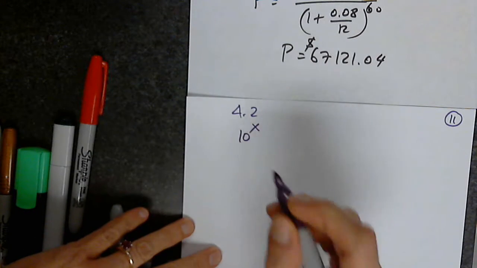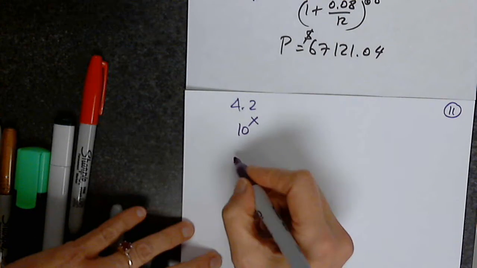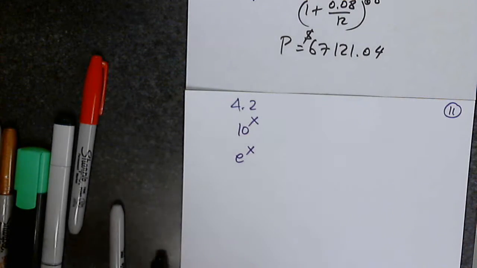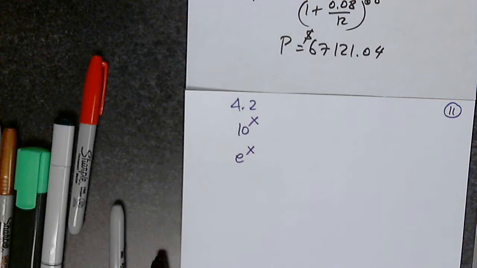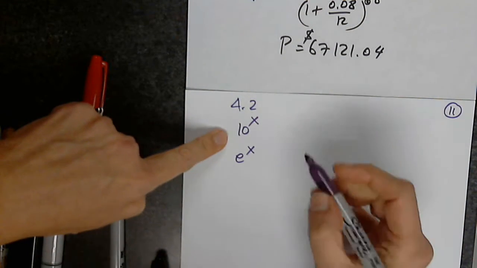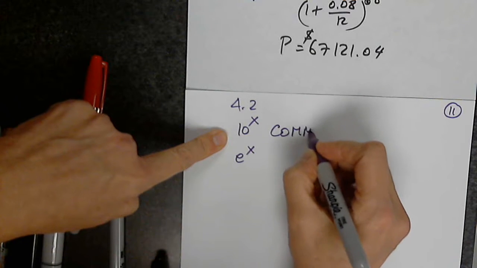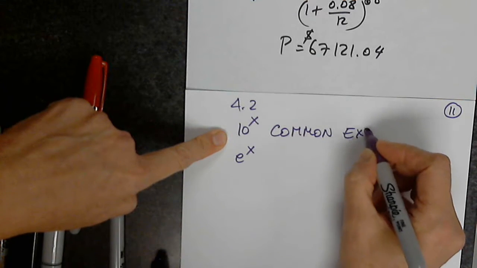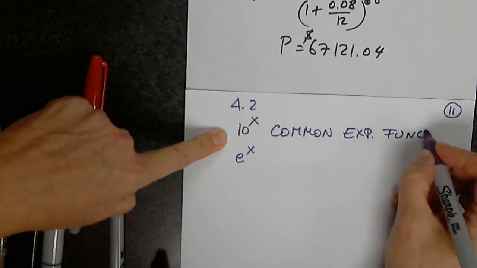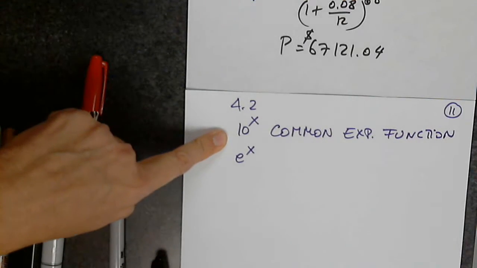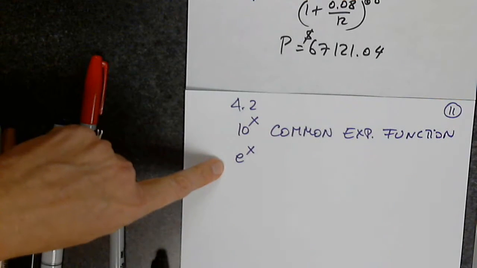So 10 to the x and e to the x. As you see, they're so important, and there is a button on the graphing calculator specifically for those two. So 10 to the x is called the common exponential function. The other one is called natural.